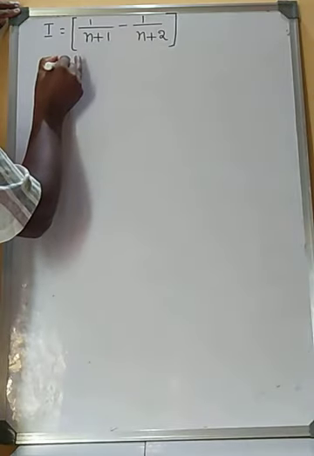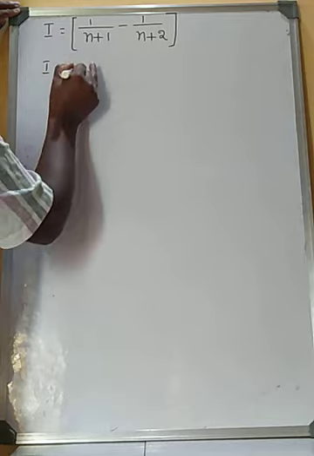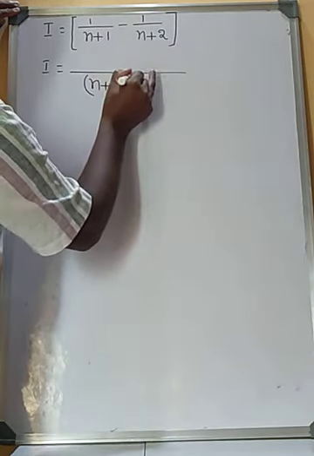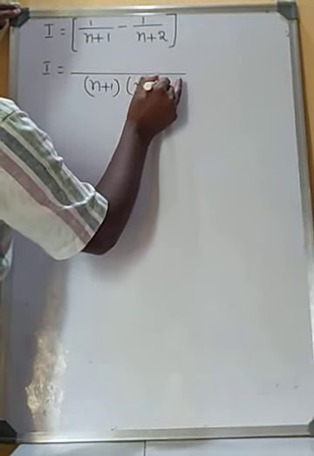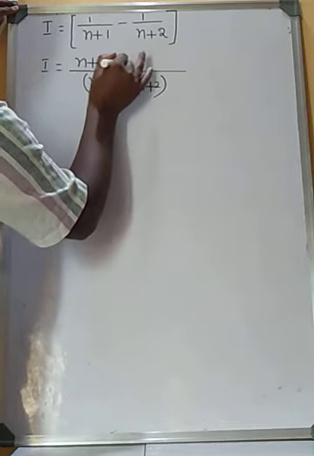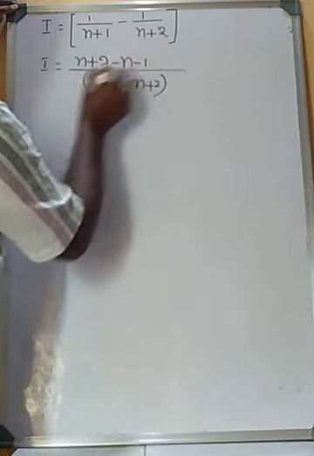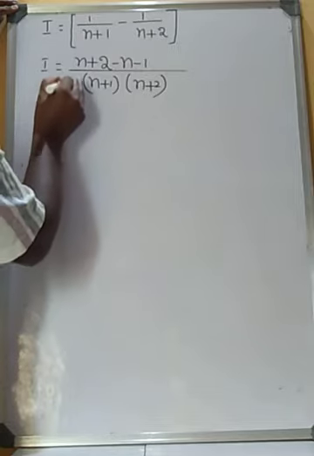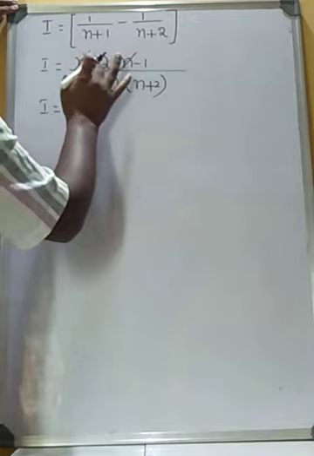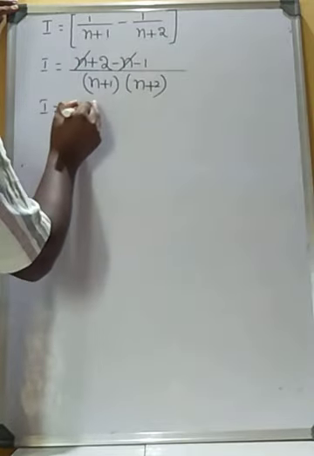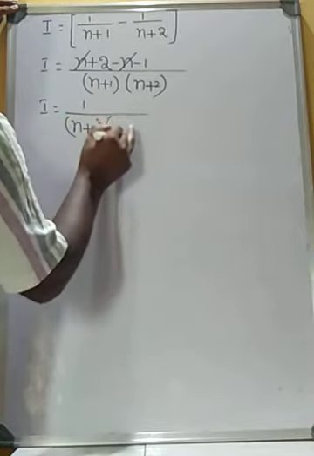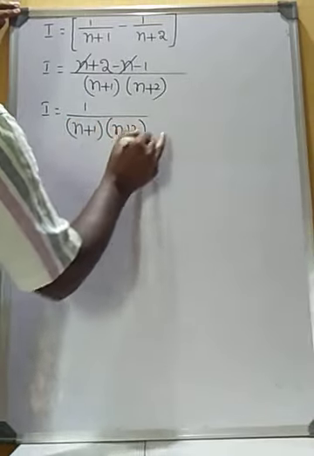Therefore I equals, the LCM is (n plus 1) into (n plus 2), numerator n plus 2 minus n minus 1. The n minus n gets cancelled, 2 minus 1 is 1, divided by (n plus 1) into (n plus 2).